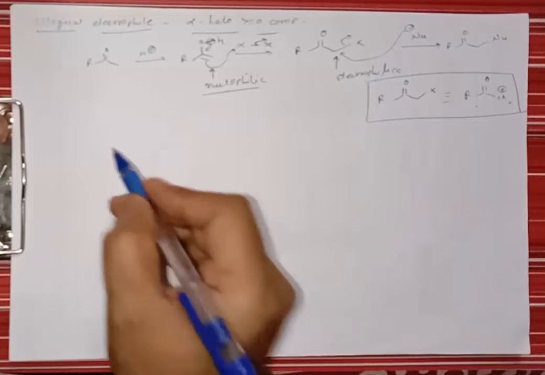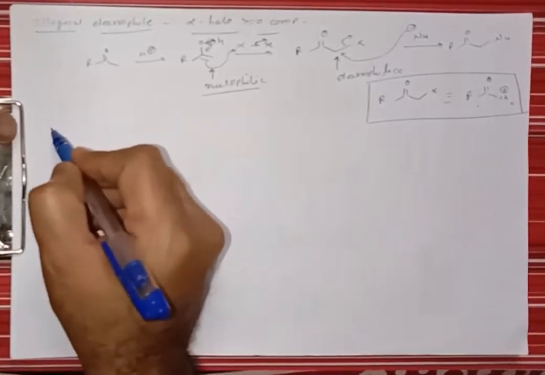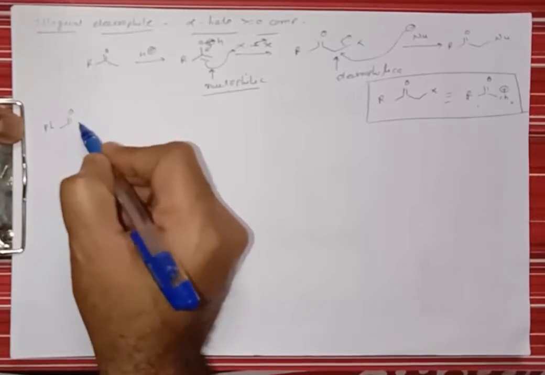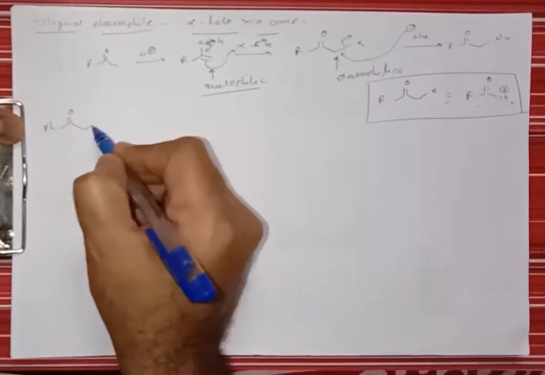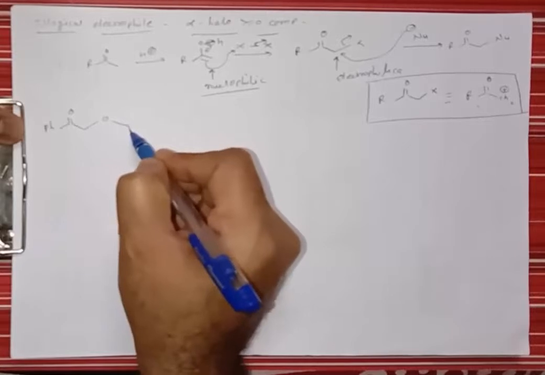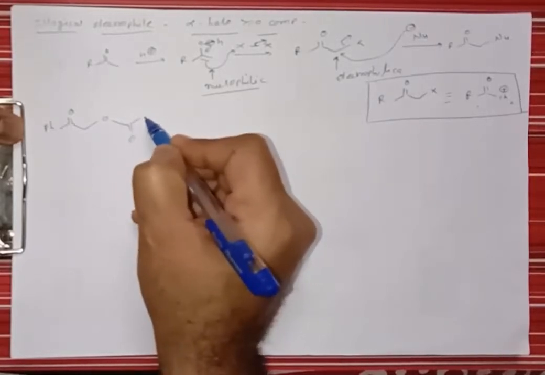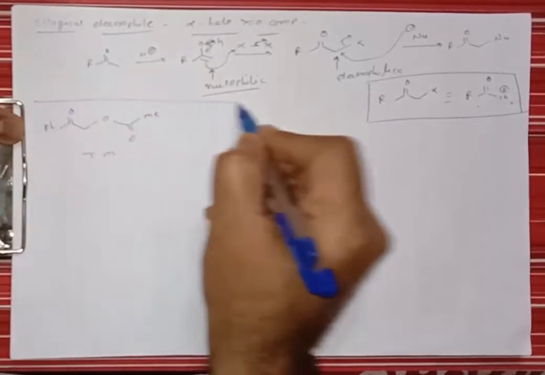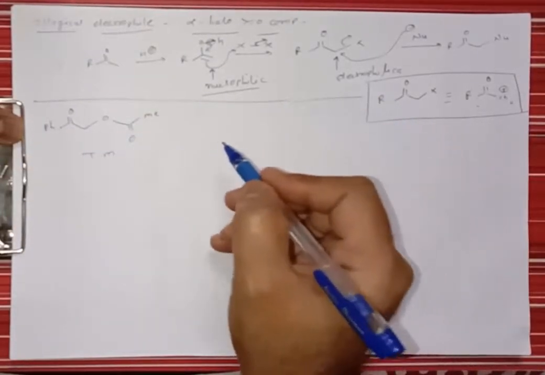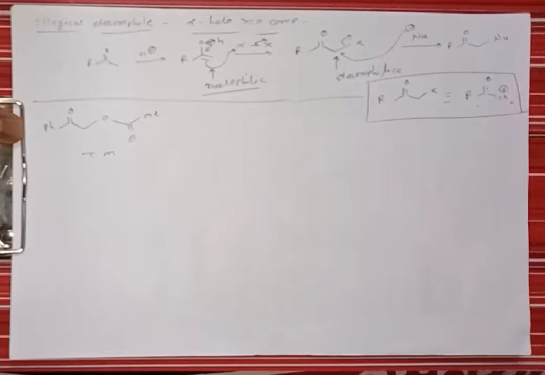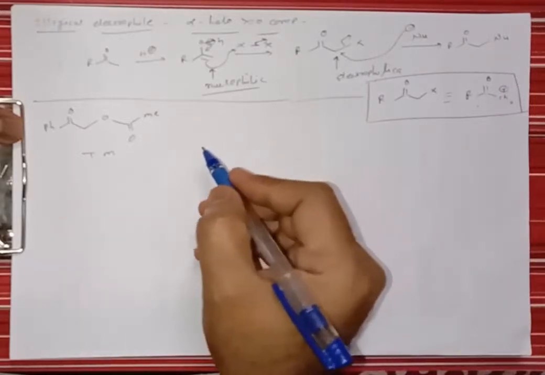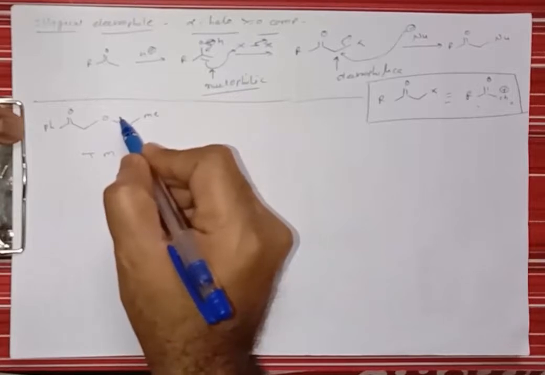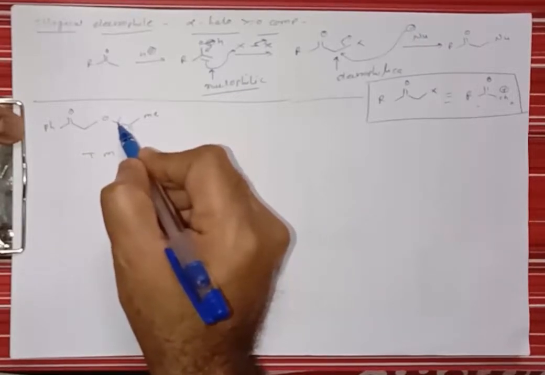Let us take one example regarding this, that is PhC=O, CH2, O, C=O, Me. This is a target molecule, and we have to see how it acts as an illogical electrophile. This is an ester, and this ester can be easily prepared by breaking the bond at this position.